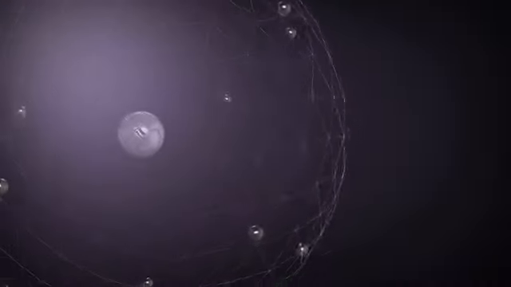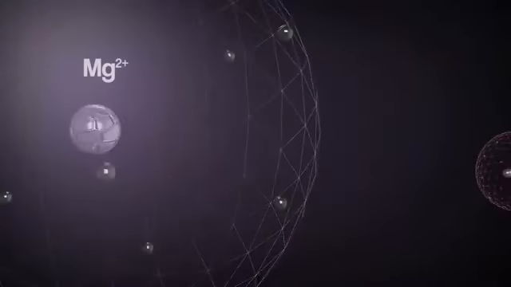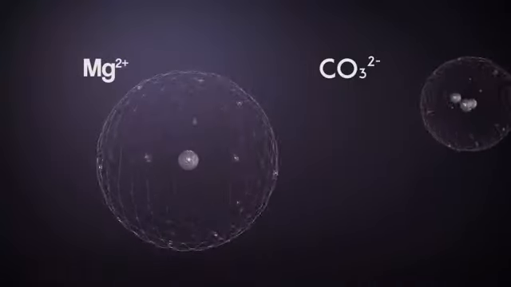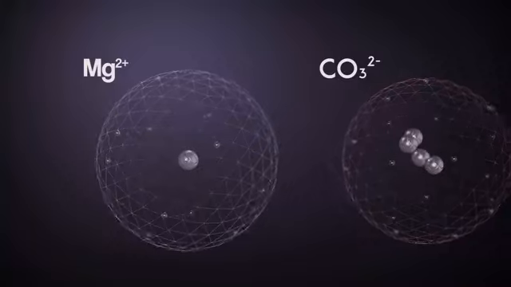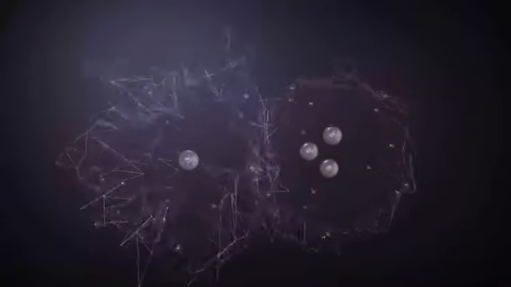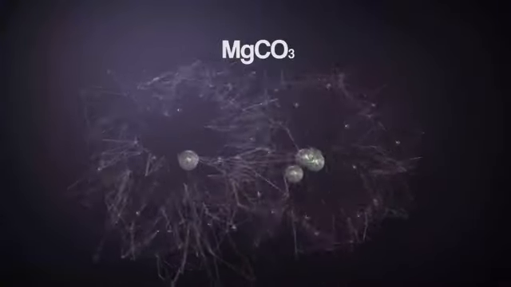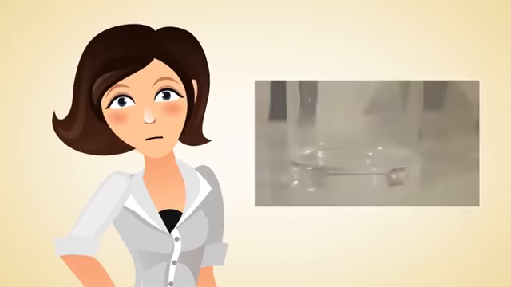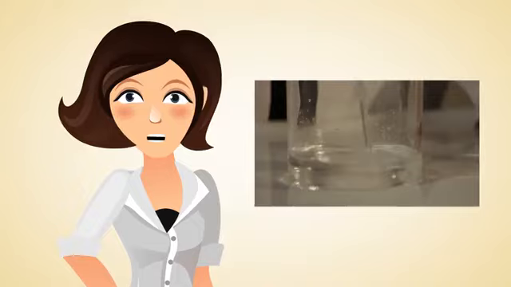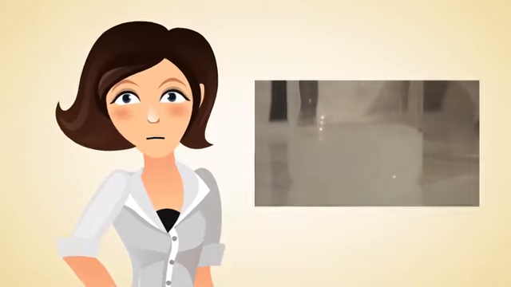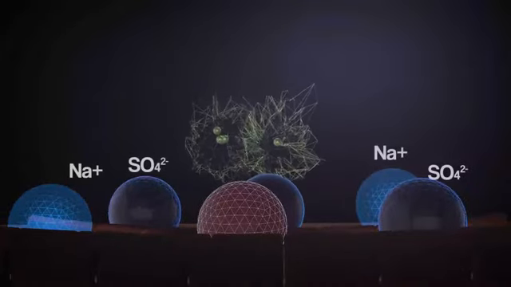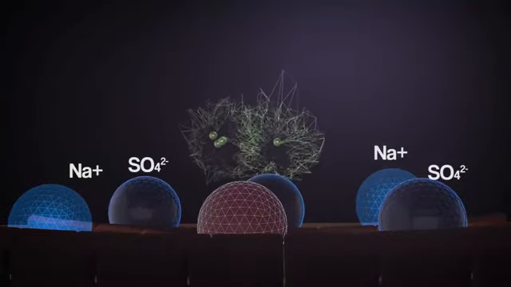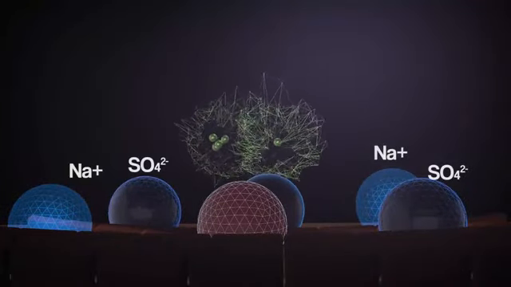In this precipitation reaction, Mg2+ reacts with CO3 2-, and both exchange places with the other ions, Na+ and SO4 2-. Since the new salt is insoluble, a white precipitate of MgCO3 will form. In the complete ionic equation, Na+ and SO4 2- ions are present on both sides of the equation.